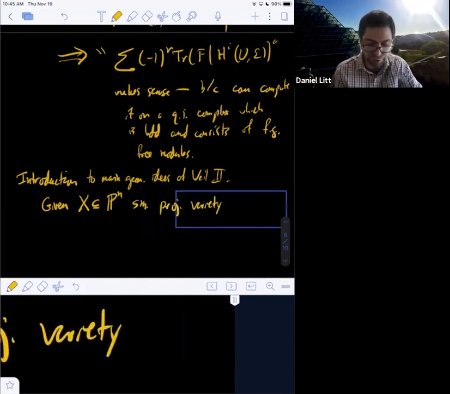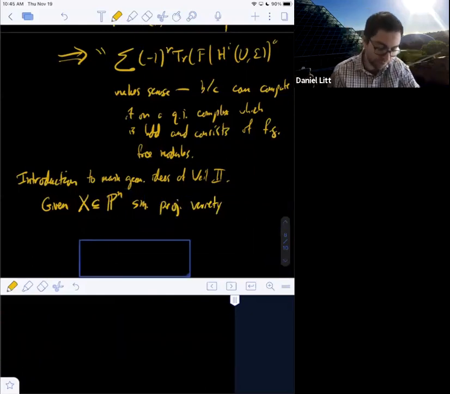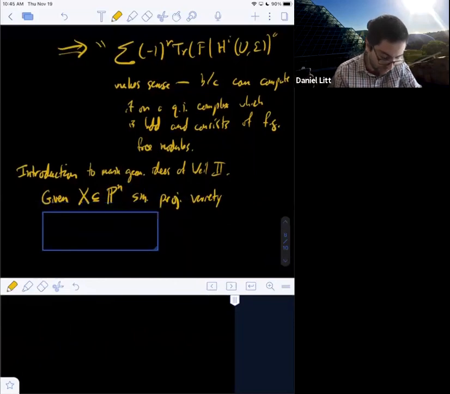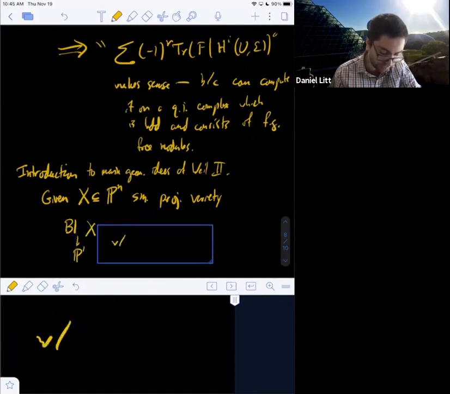We're going to choose a Lefschetz pencil, and I'll discuss these more next time. But loosely speaking, what we'll do is find a map from the blowup of X at some locus to P1 with good properties.